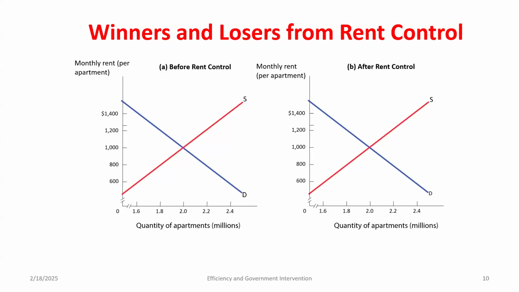You can see this black shaded area would have represented total surplus, with half of it being producer and half being consumer. Once I impose this price ceiling, the old quantity in the market was out here.